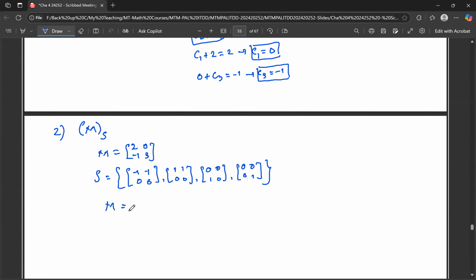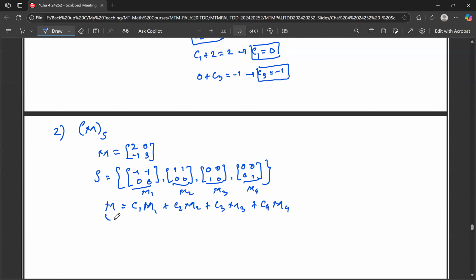M is C1, or any symbol, you can use any symbol. C1 is for M1, C2 for M2, C3 for M3, and C4 for M4. So we must have M equal to C1 M1 plus C2 M2 plus C3 M3 plus C4 M4.